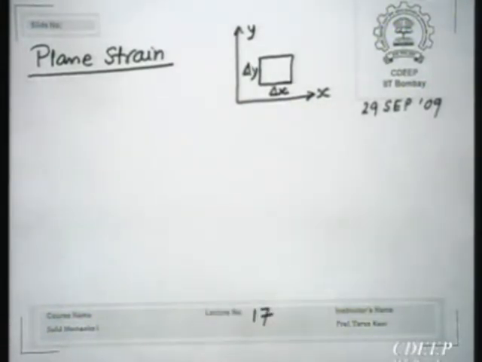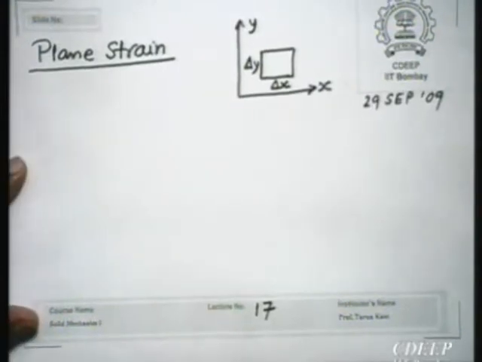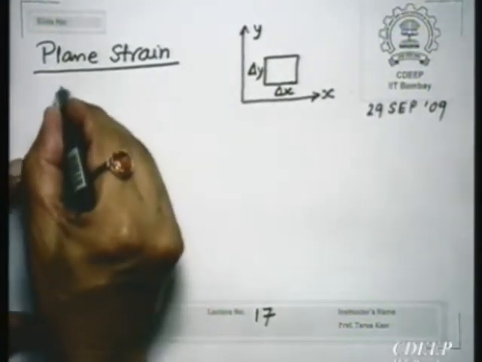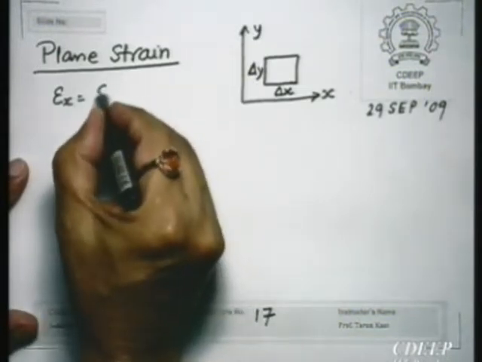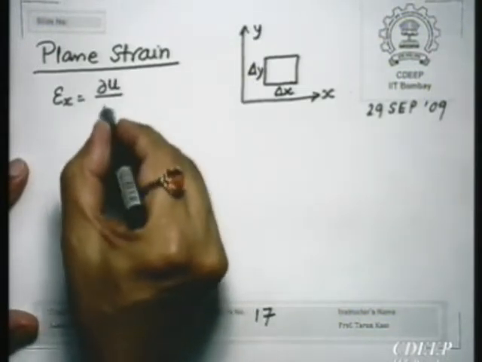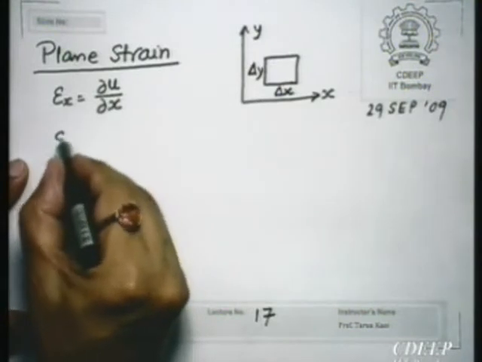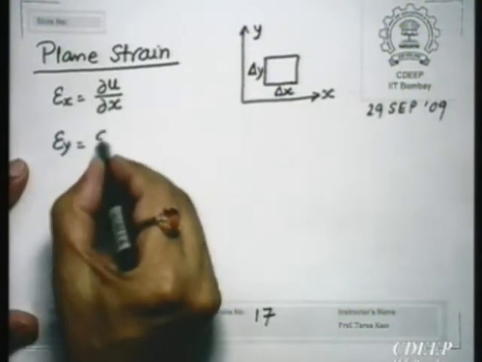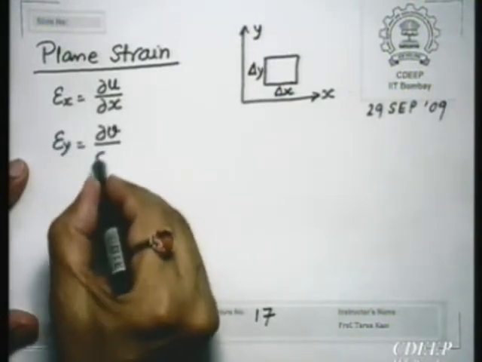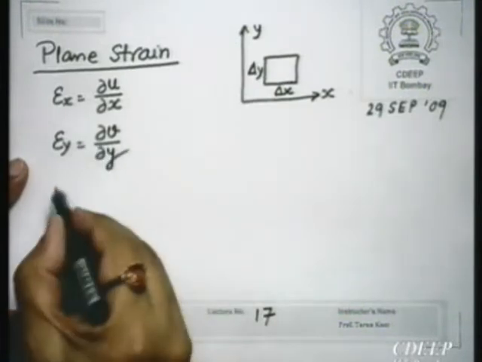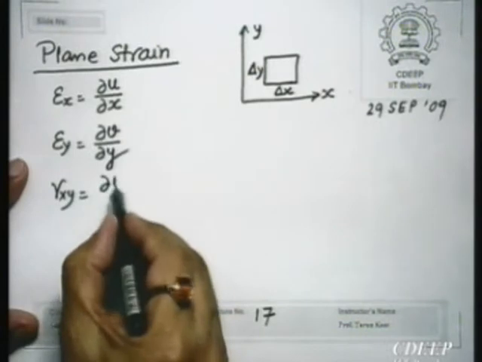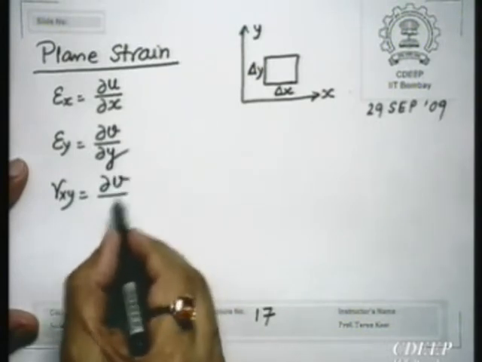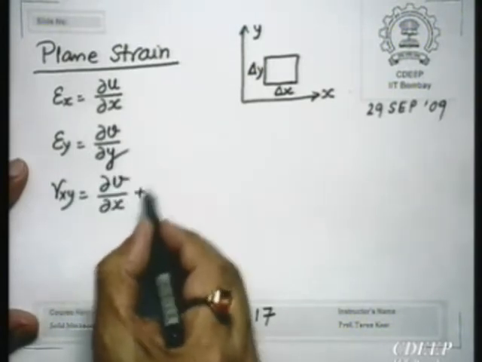This undergoes deformation when the loads are applied to it, and we have got that strains with reference to the xy coordinate are du by dx, this is dv by dy, and this one is dv by dx plus du by dy.